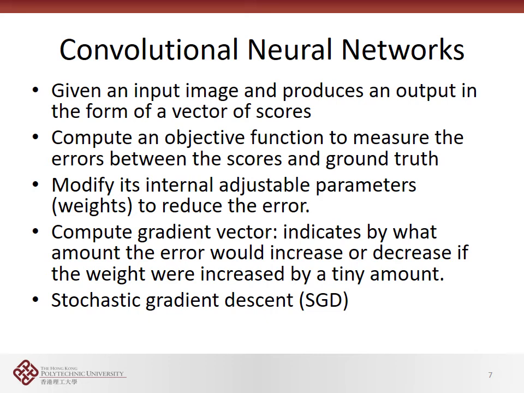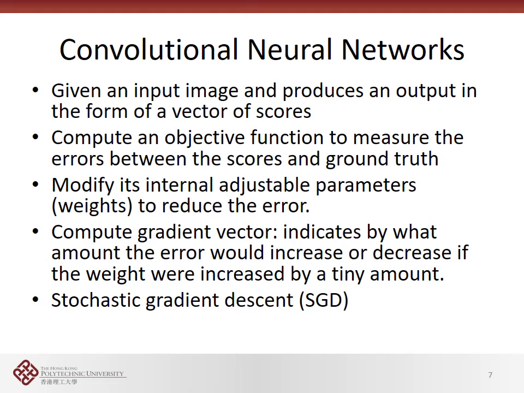In recent years, considering that labeling is very laborious and time-consuming work, some techniques have been developed to automatically or semi-automatically generate the labels for images. Anyway, we should collect a large number of labeled data to train the convolutional neural network.